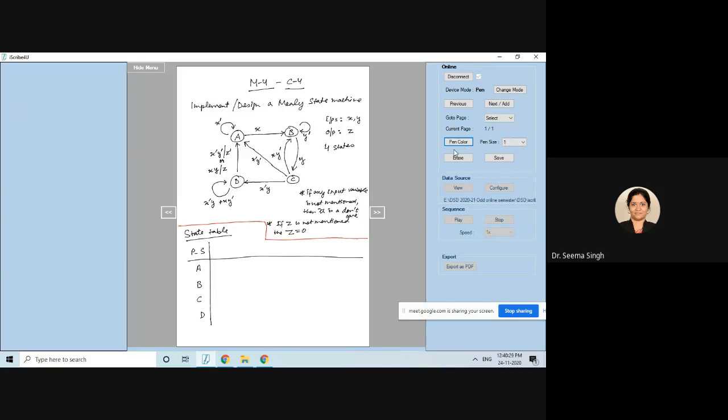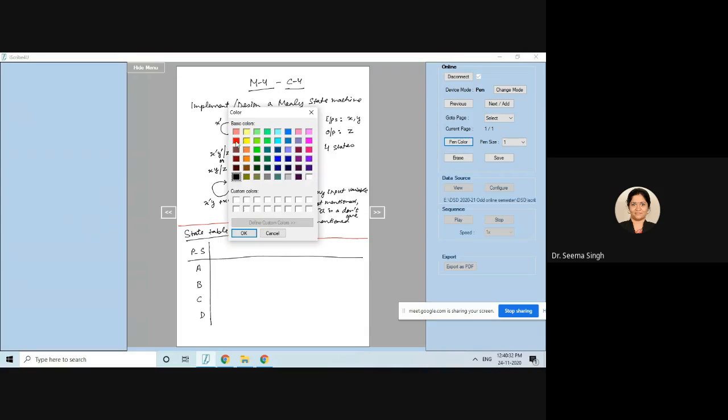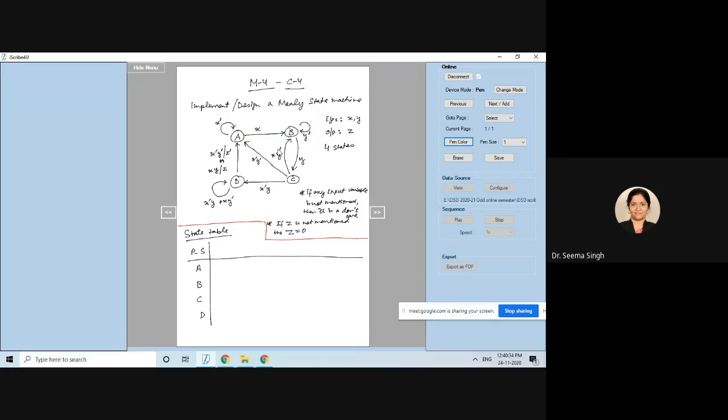So how will I write? I will show here the four possibilities of X and Y, and I will have to write X, Y and the output with respect to that. Next will be the second possibility, then my third possibility, and then my fourth possibility.